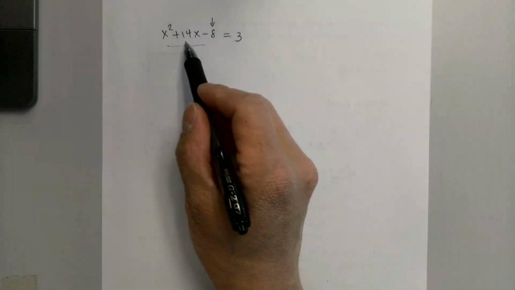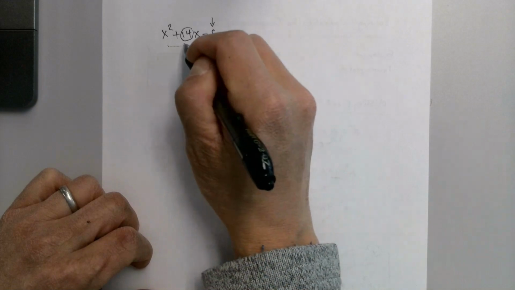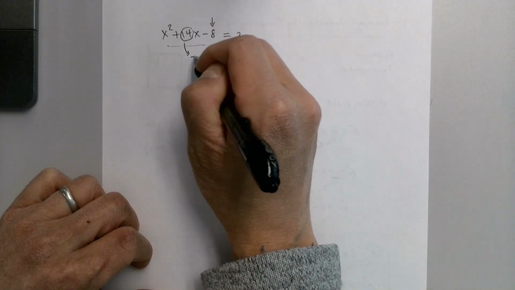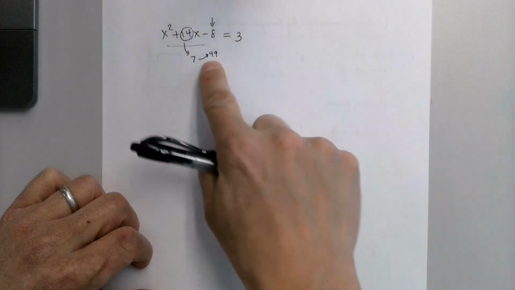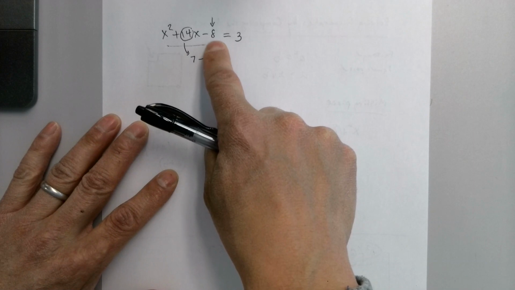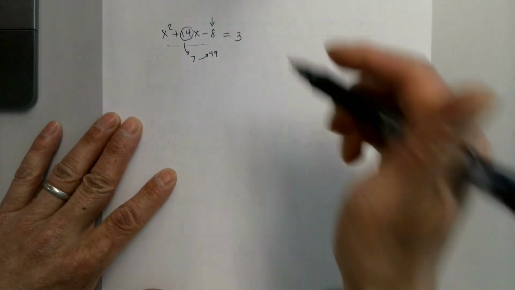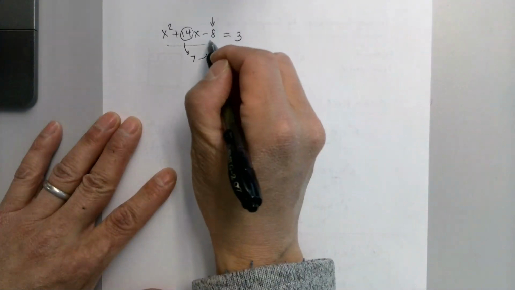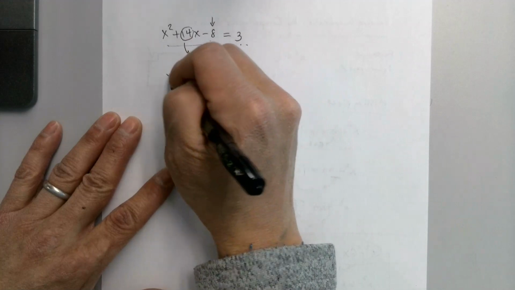I go back to the middle term, I locate my b, I divide by 2, and then I square it. That number needs to be 49. It's a negative 8 right now. Okay, what I'm going to do first is get rid of this minus 8 by adding 8 to both sides.